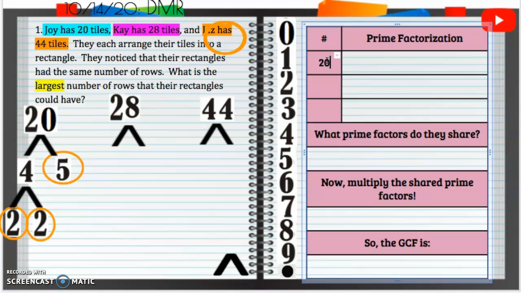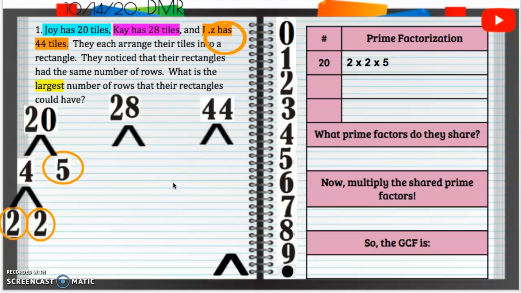So our prime factorization of 20, in order from least to greatest, is a 2, another 2, and a 5. And remember, when we have our prime factorization, they are being multiplied. When we check it, 2 times 2 is 4, then 4 times 5. Yep, that's 20.